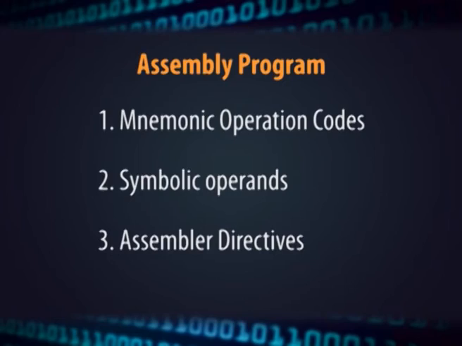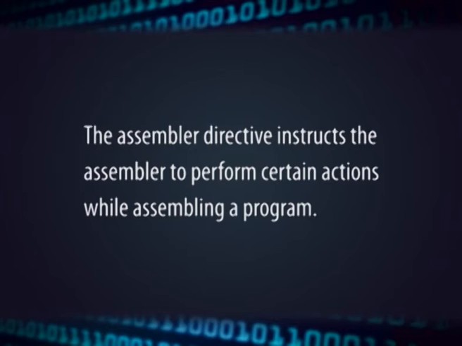However, the language supports these combinations only if the underlying machine instruction set of the CPU supports all these addressing modes mentioned above. The third facility provided by the assembler is the facility of assembler directives. The assembler directive instructs the assembler to perform certain actions while assembling a program.